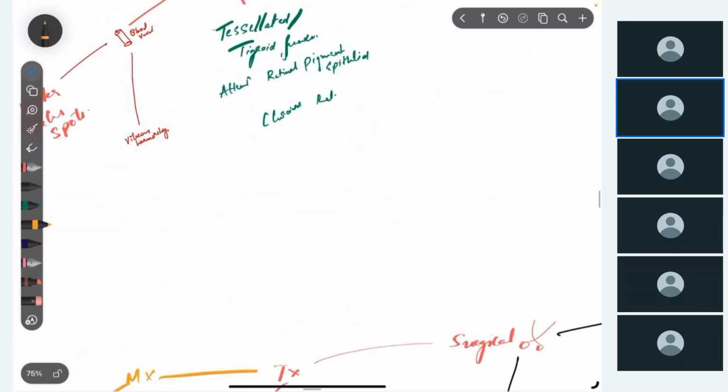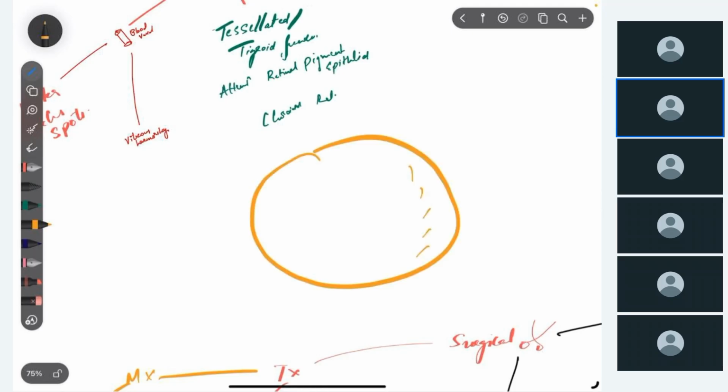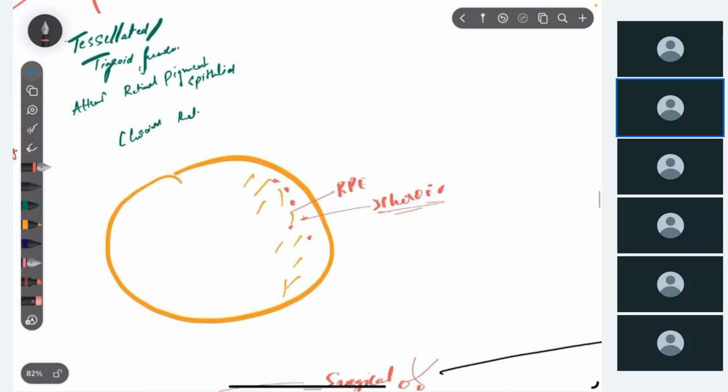You have this eye which is expanding, because of which the retina is getting torn and the choroid is becoming visible. So you will see some areas with retinal pigment epithelium, some areas with atrophy, and some areas where the choroid shows. So this will appear like a tabby cat or tigroid appearance.